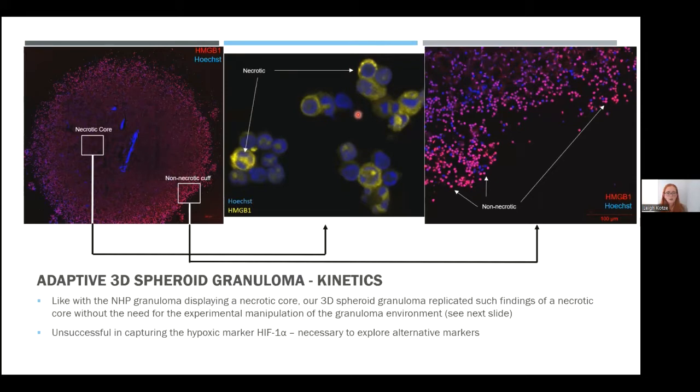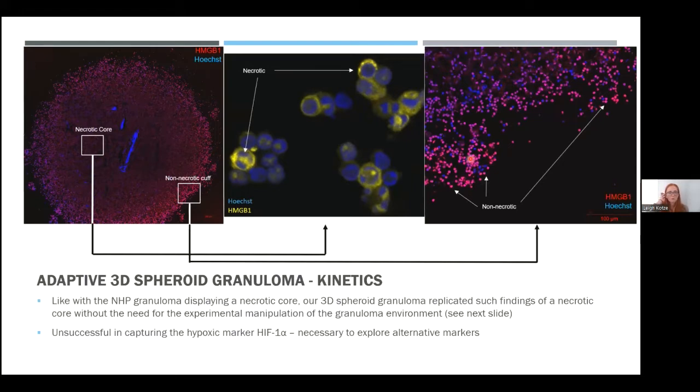And this was at the day 7 time point. Interestingly, the cells at the cuff of the granuloma structure did not display any necrosis beginning to occur, as can be seen by the expression of HMGB1 at the nucleus. And this pink color is because of the co-localization with the DAPI stain.